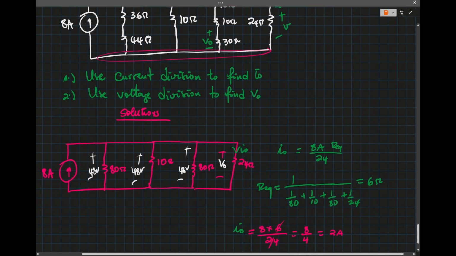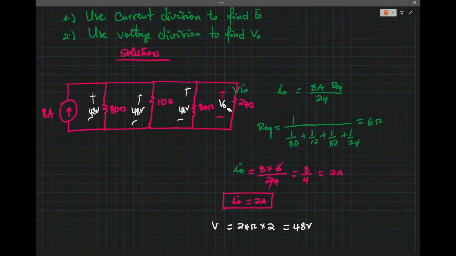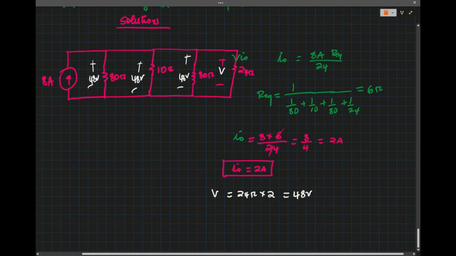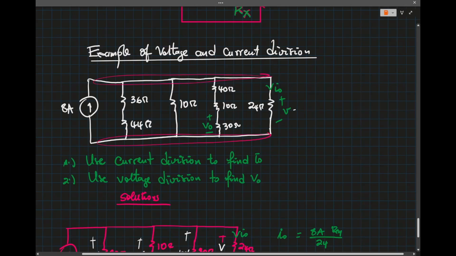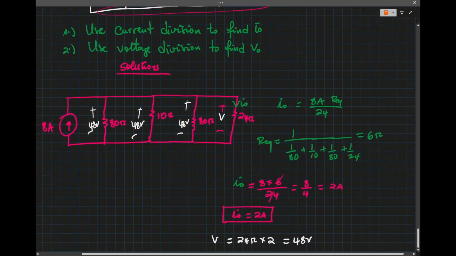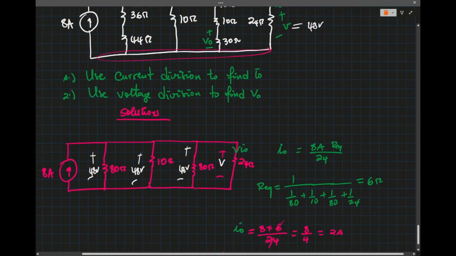Oh, that's not V0, this is V, I'm sorry. So V is the voltage across the 24 ohms, and that is equal to 48 volt. Let's find V0.